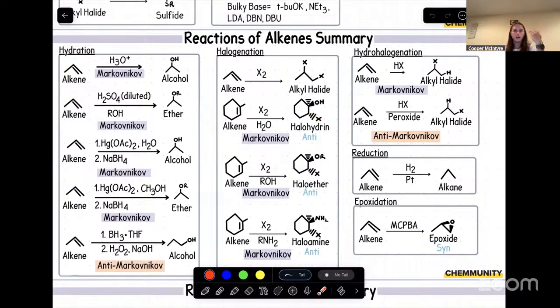So since one is wedged and one is dashed, facing opposite directions, it's going to be an anti-addition. And then if you look down here at our epoxide, a great example of a syn addition since what we added is on the same side.